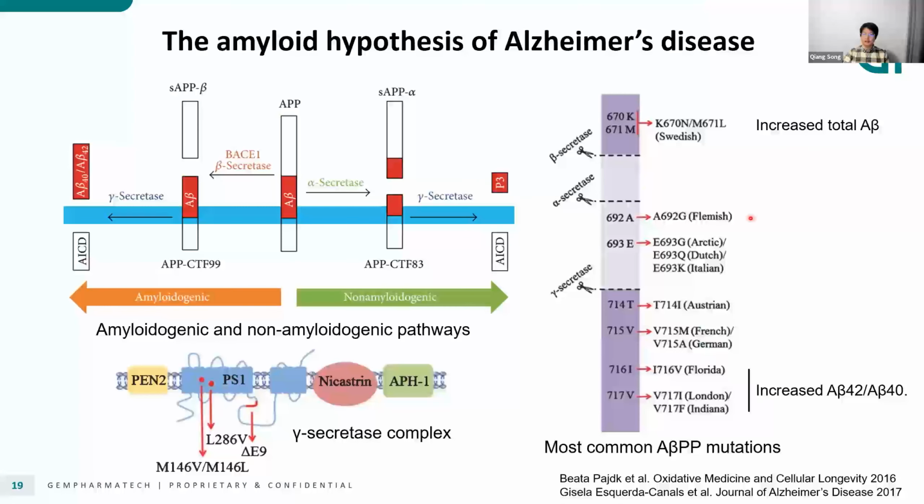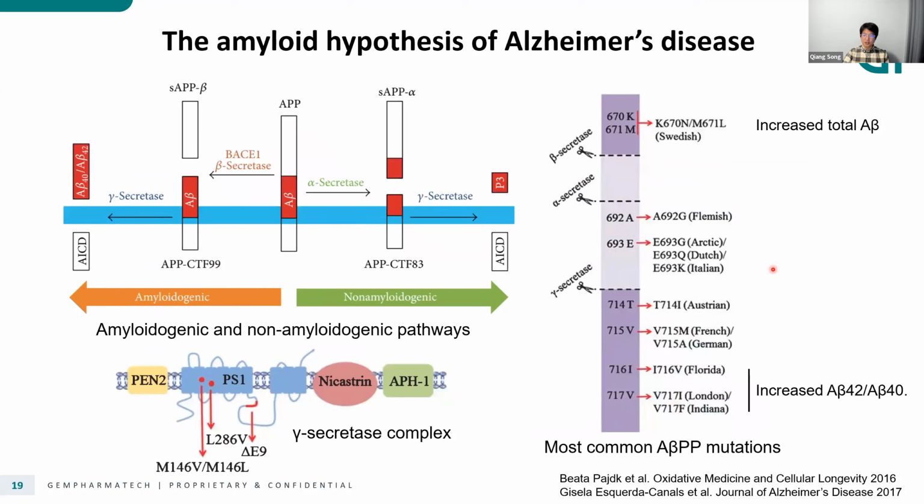And to mimic the AD pathology based on the amyloid hypothesis in mouse models, we only focus on the APP, PSEN1, and PSEN2 genes. And those genes are highly related to the amyloid genetic mechanism of Alzheimer's disease.